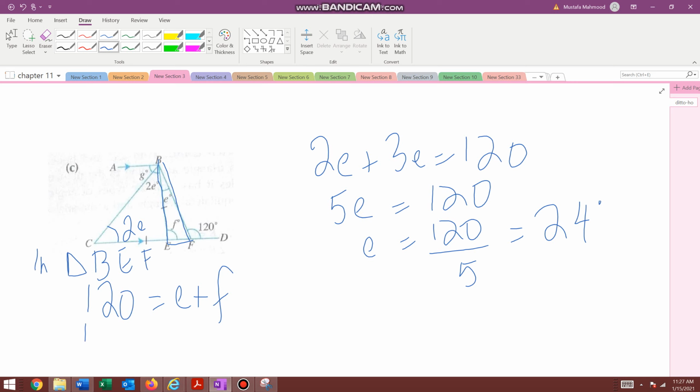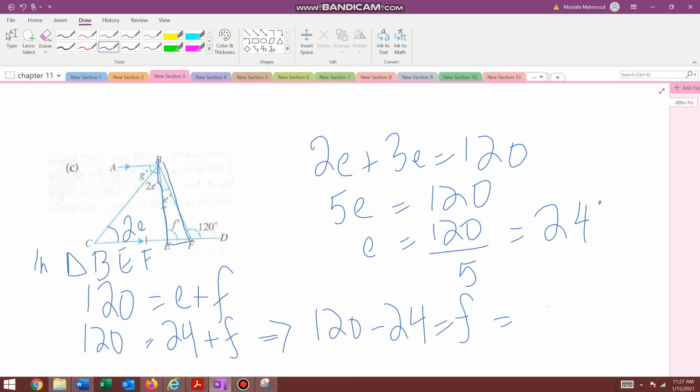E की वैल्यू हम फाइंड आउट कर चुके हैं, which is 24. So F की वैल्यू फाइंड आउट करने के लिए 120 minus 24 is equal to F, which will give us 96. ठीक है?